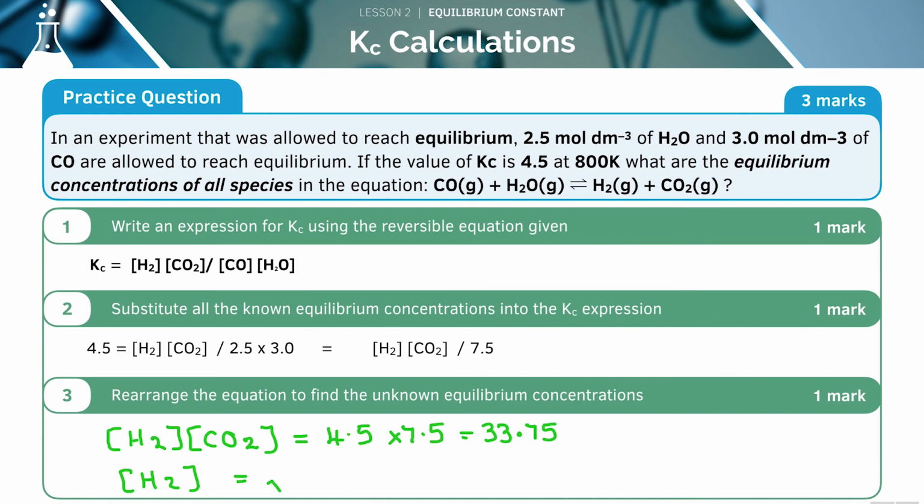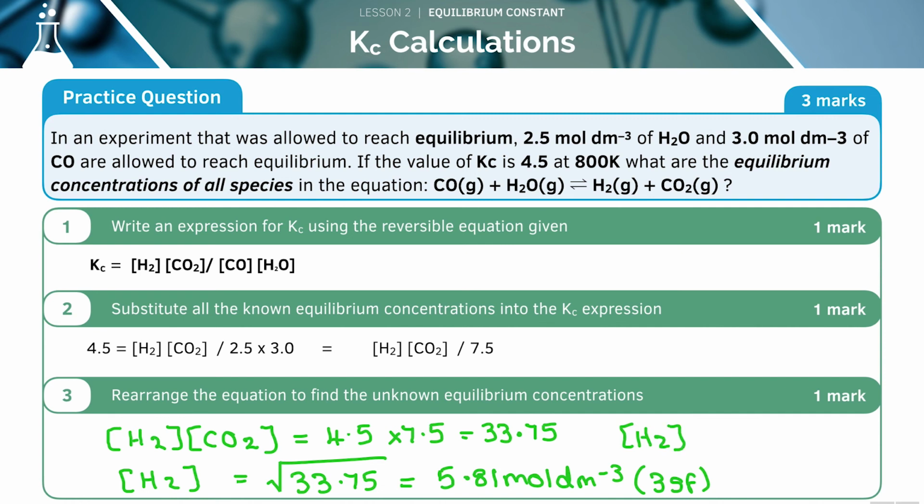Therefore, H2 will simply be the square root of 33.75, which equals 5.81 moles per decimetre cubed to 3SF. We know this because the molar ratio of H2 to CO2 is going to be 1:1.